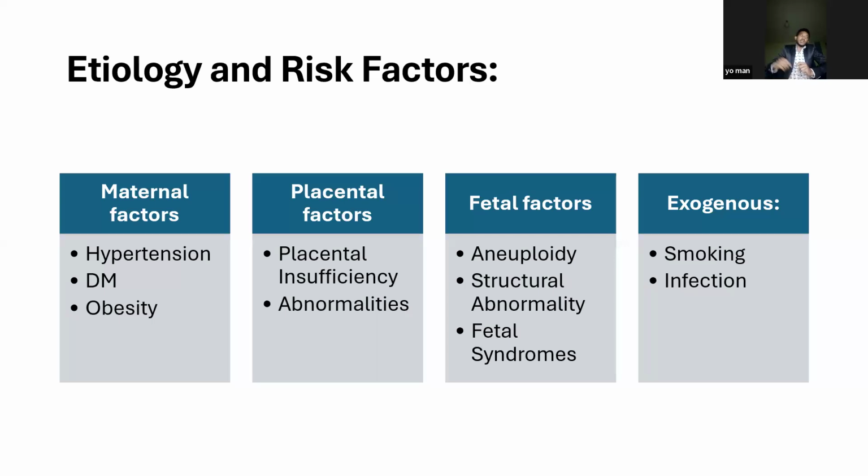There is an association between hypertension, especially preeclampsia and eclampsia, and the alteration of the spiral arteries of the mother's placenta.